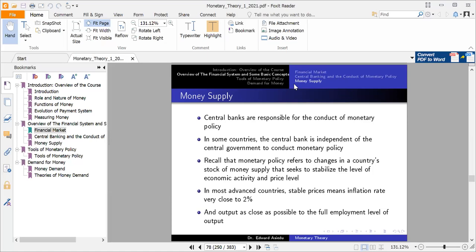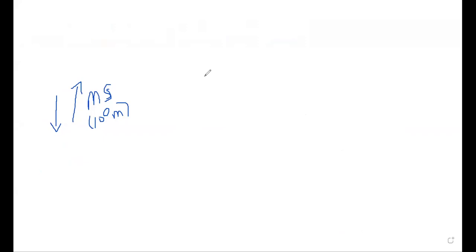Let me use notation for full employment. If you have output, usually we use Y as output. If you have full employment, say we put a bar over Y, so this is the maximum output we have. The maximum the economy can produce, let's say 100 bags of a product. This is the maximum.